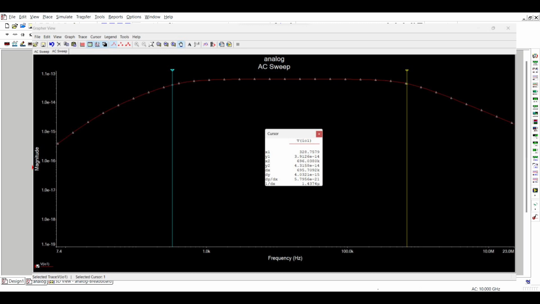And for the high frequency response, it is the yellow one, where we get 6.95, I think. So this is 694.72 kilohertz. I think that's all for the simulations.